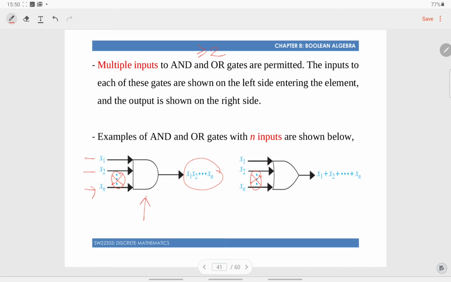But if we have n inputs, we need to use the triple dots to indicate there are some elements in the middle. The same goes with the OR gate. We have n inputs, x1 up to xn, so we have triple dots, and the operation is Boolean sum.